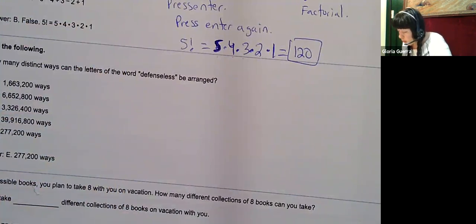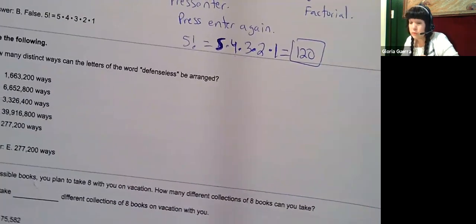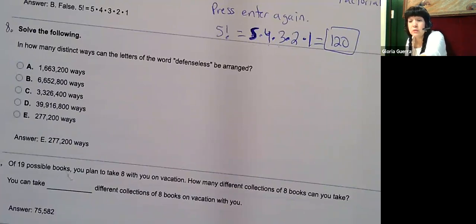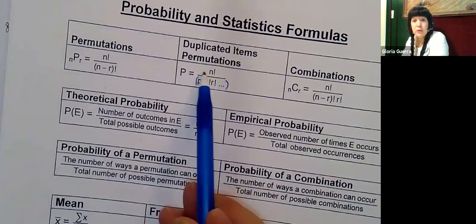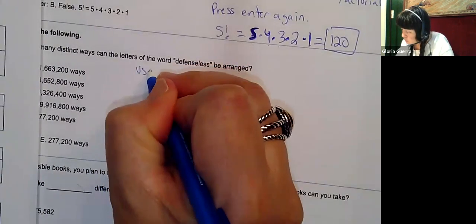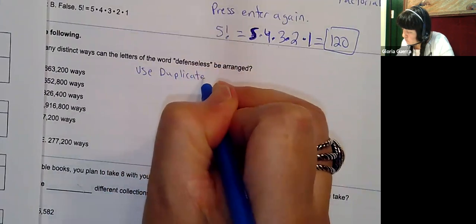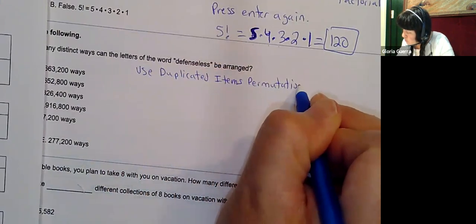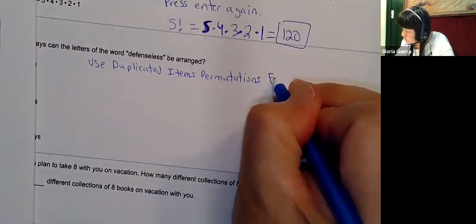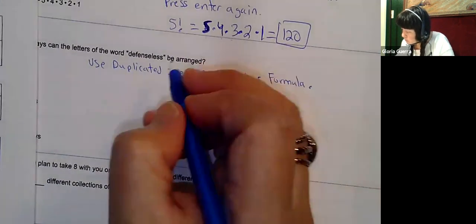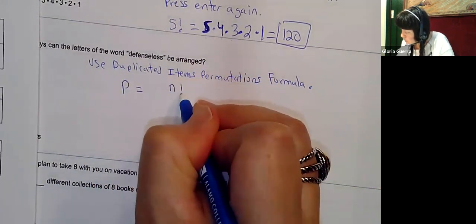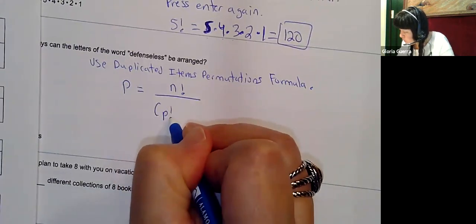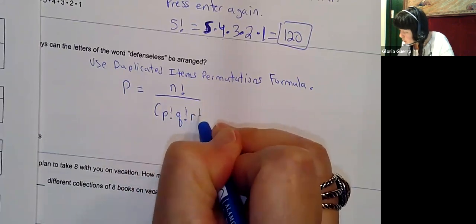Okay, all right, number 8. In how many distinct ways can the letters of the word defenseless be arranged? Okay, so here, this is the one where you want to use this formula here, the duplicated items permutations formula, which is P is equal to n factorial over parentheses P factorial times Q factorial times R factorial.